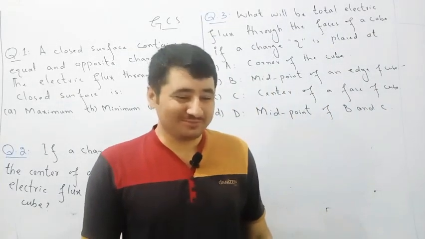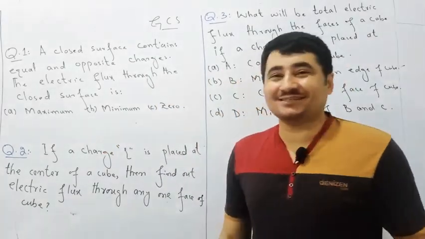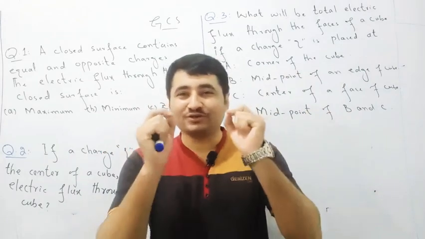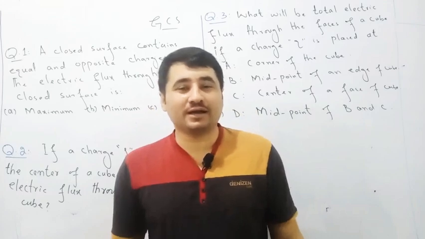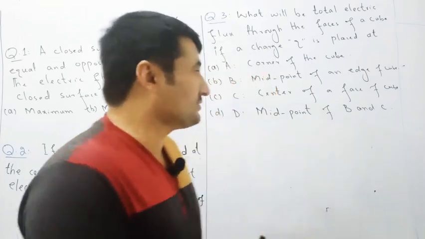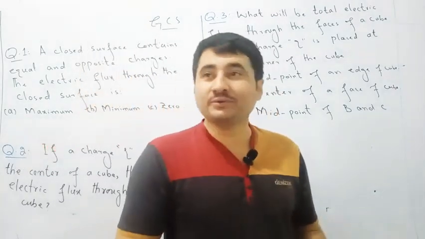I am Dr. Muhammad Majid, and today we will discuss very important and interesting conceptual questions and ETEA MCQs on Gauss's law. We have studied Gauss's law in our previous lecture.